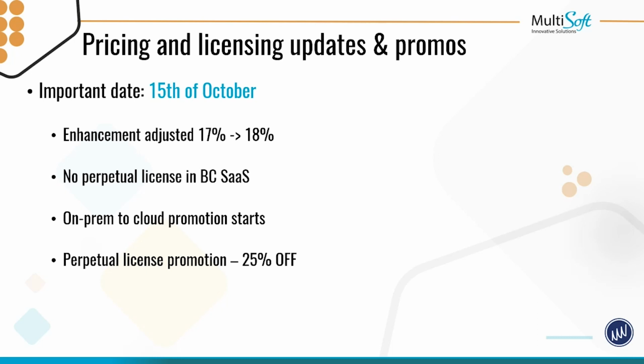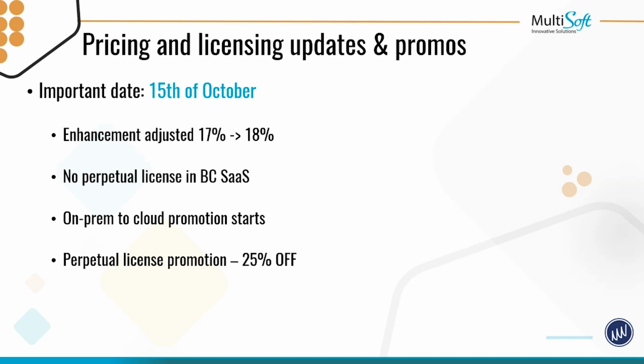So basically, we provide a 25% discount on all purchase licenses until the 15th of October. If you are about to purchase a new license or extend your existing license base, and it is a perpetual one, then I suggest doing that until the 15th of October.